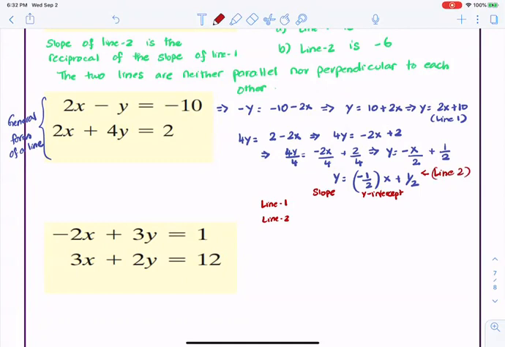Line 1 has a slope of 2. Y-intercept is 10. Line 2 has a slope of negative 1/2. Y-intercept is 1/2.